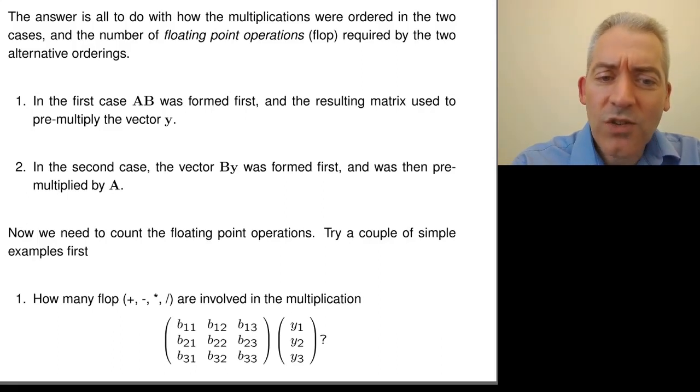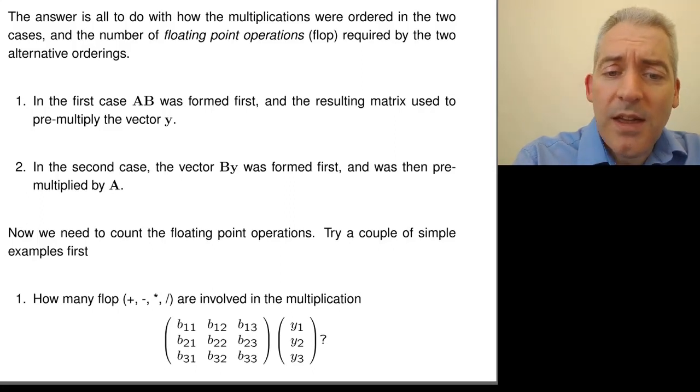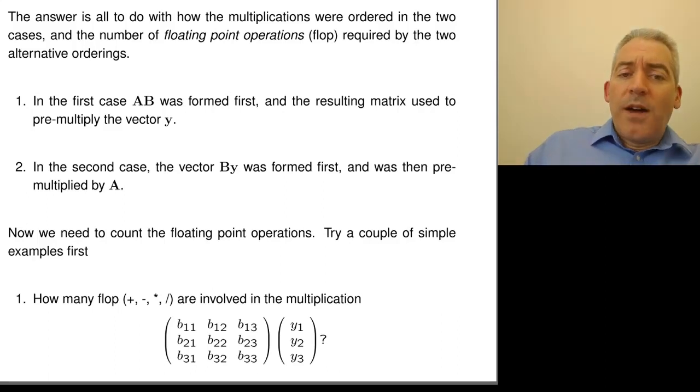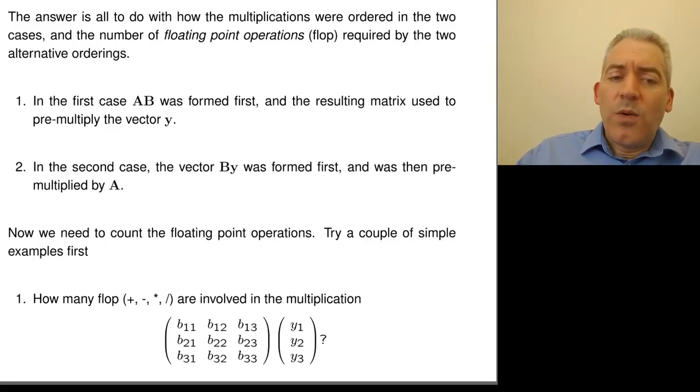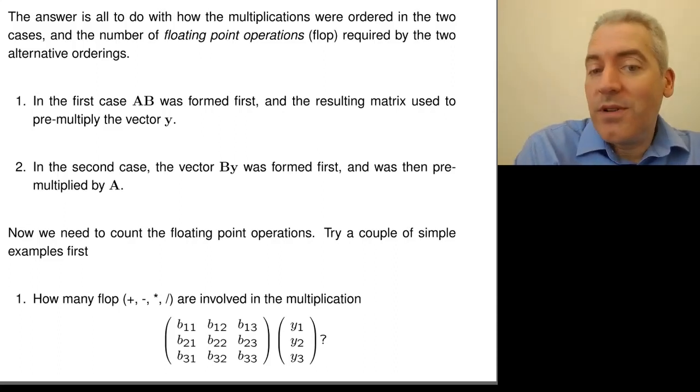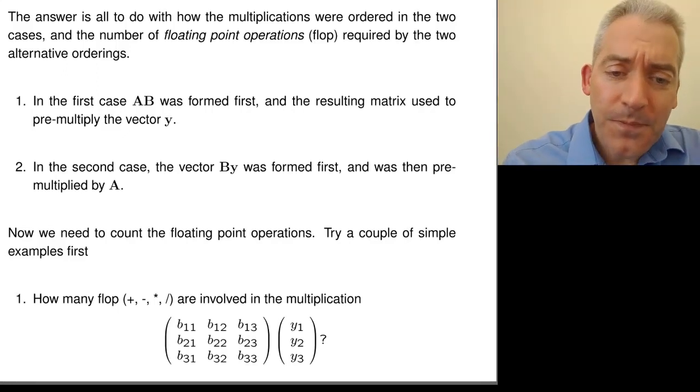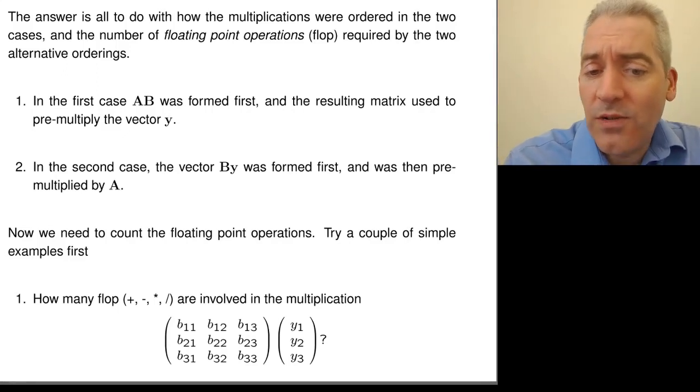Again, it's probably fairly obvious, but it's worth working through the details. So let's try a couple of simple examples. If we think about it in the 3 by 3 case, where we can actually count things, flops are floating point operations, and if we count multiply and add as being separate, which you might not always want to do, but let's keep them separate for now, how many operations are involved in that matrix-vector product?